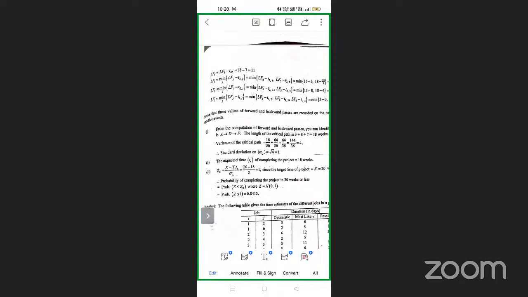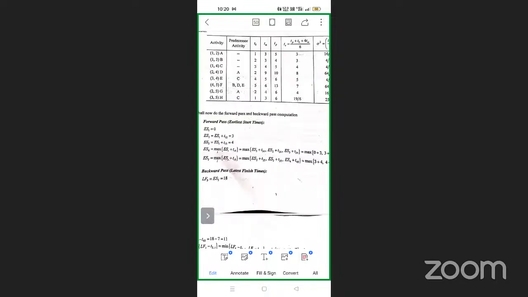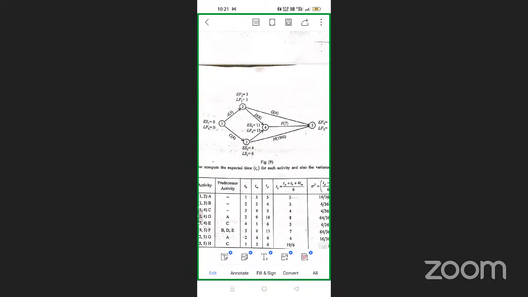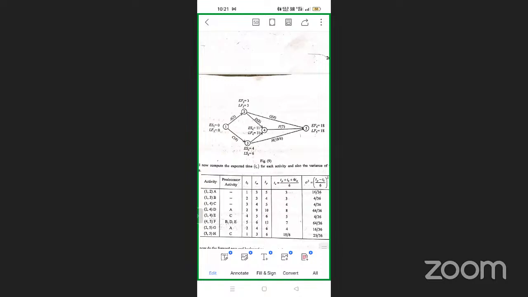In this method, how to identify the critical path? We write the earliest starting time and latest finishing time of each and every node.